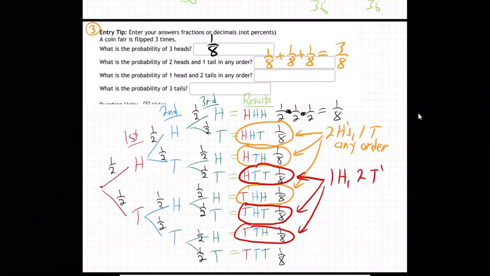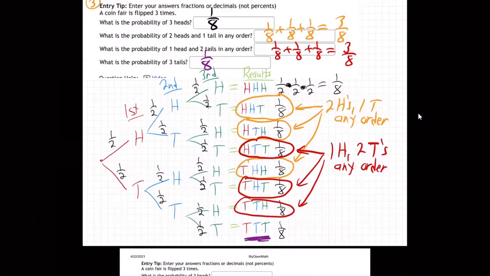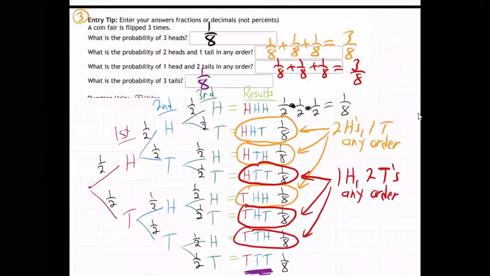Any order. Same thing, huh? 1/8, 1/8, 1/8, 3/8. And the final question, what is the probability of getting 3 tails? Well, it's right here. 3 tails is just 1/8. And so there we go.